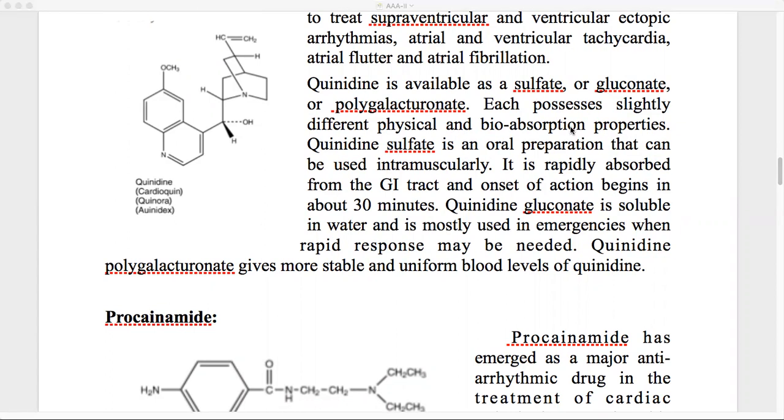Quinidine sulfate is an oral preparation that can be used intramuscularly also. It is rapidly absorbed from the GI tract, and the onset of action begins within 30 minutes. Quinidine gluconate is more soluble in water and is mostly used in emergencies when a rapid response is needed. Quinidine polygalacturonate gives more stable and uniform blood levels of quinidine.